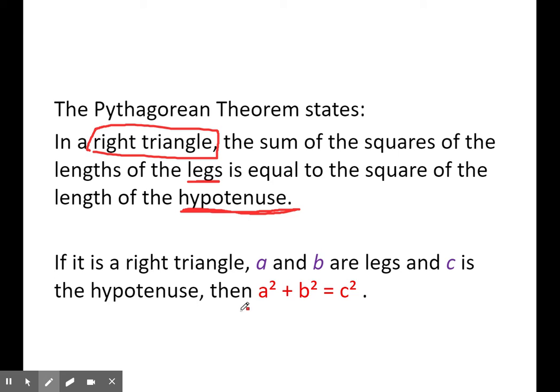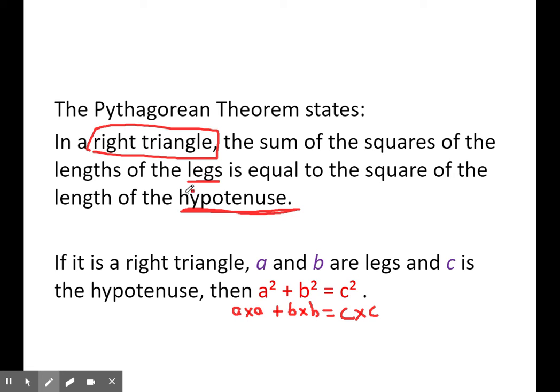A squared is the same as A times A. Anytime we're squaring a number, we're multiplying it by itself. So A squared plus B squared equals C squared is the same as A times A plus B times B, which will give us C times C. That's what we need to know.